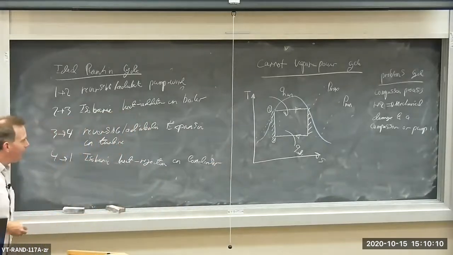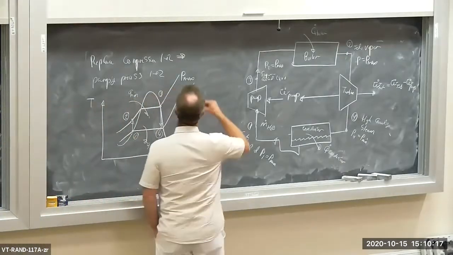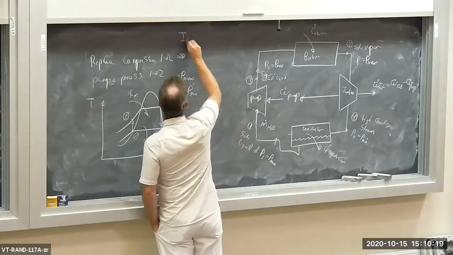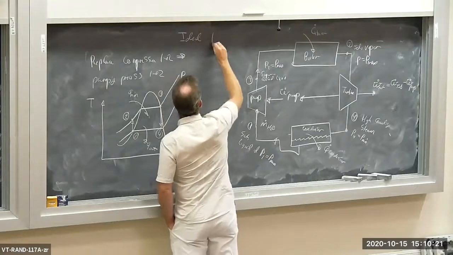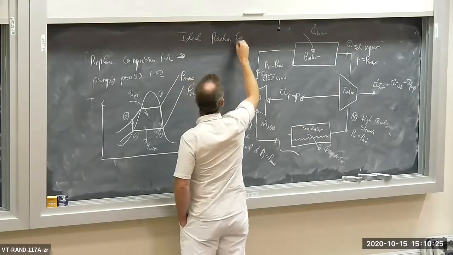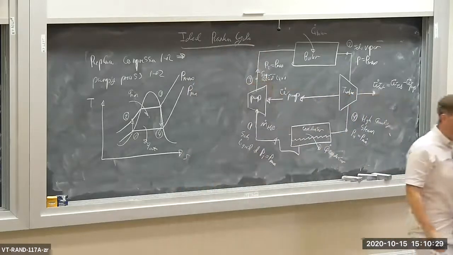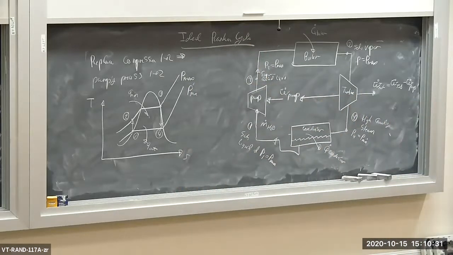So this is the ideal Rankine cycle. The TS diagram and the device diagram are given right here. So I'm going to write right up here, ideal Rankine cycle. It uses H2O as a working fluid.